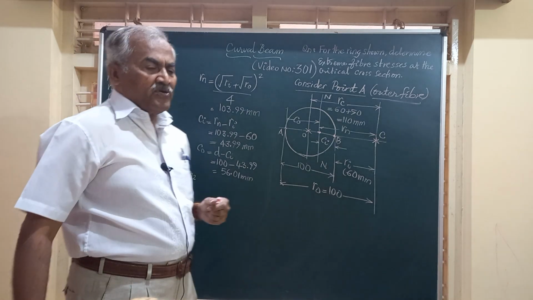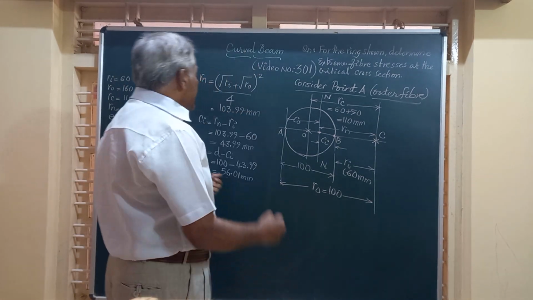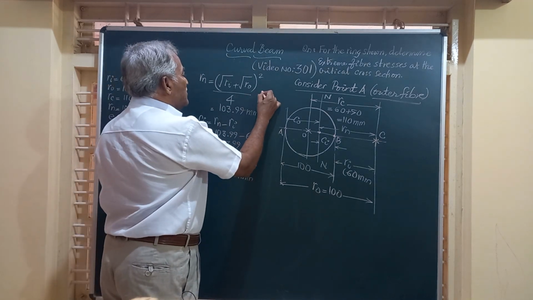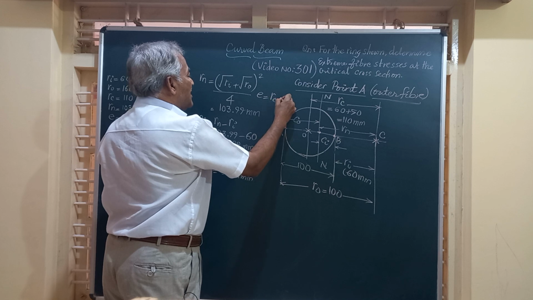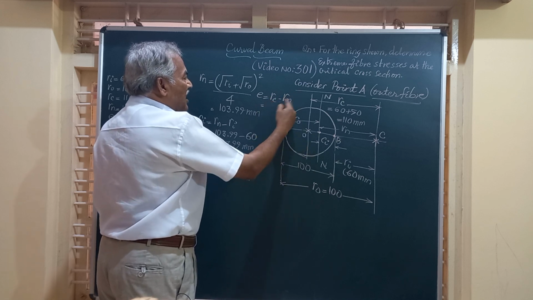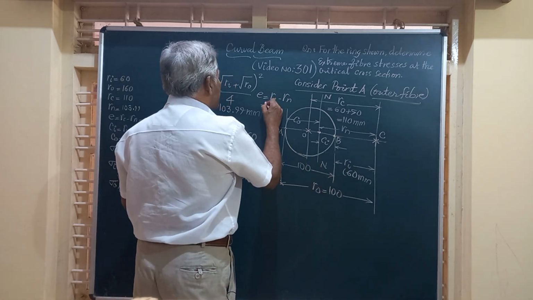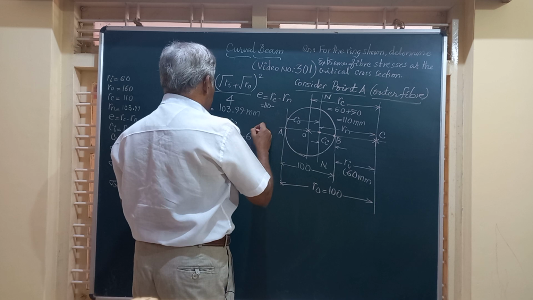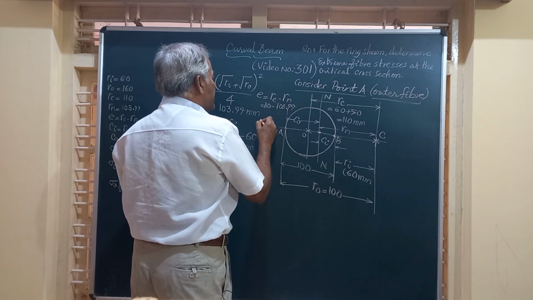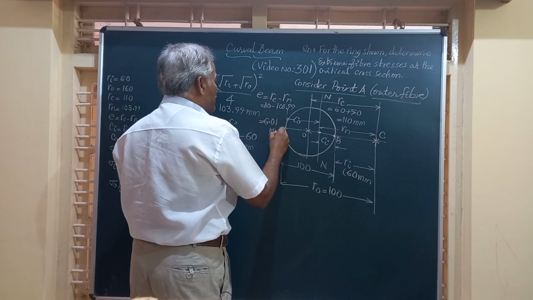Then friends, you have a term called eccentricity. Eccentricity is given by the formula e is equal to RC minus Rn. So this RC value you know, Rn value you know. RC value is 110 minus Rn is 103.99, and you get a value equal to 6.01 mm.